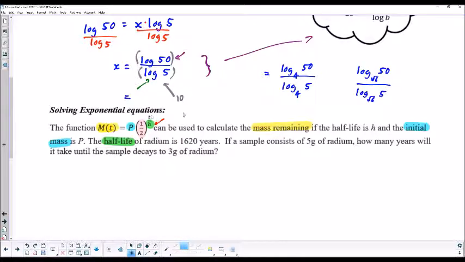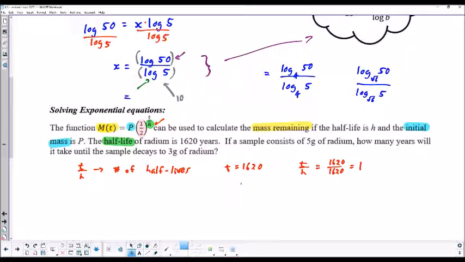And in this formula, when you have t over h, that's telling us the number of half-lives. That's why we have to divide. We're grouping them in terms of half-lives. So if t is 1,620 years, for example, then t over h is just 1 half-life.